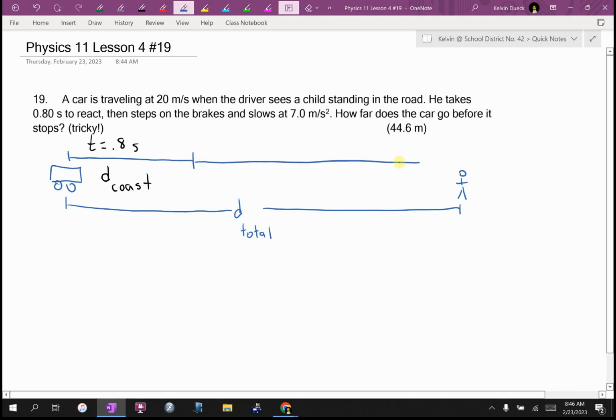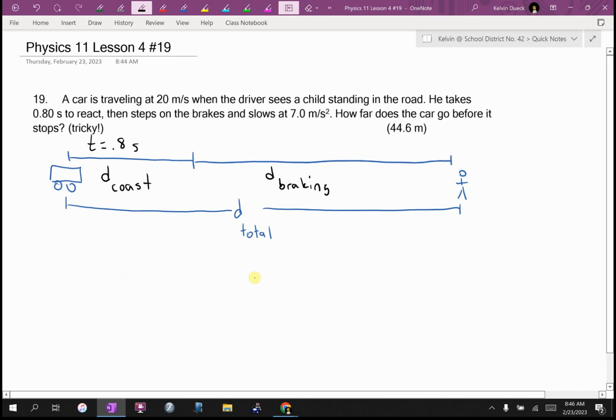Then this is going to be the distance while braking, which I'll abbreviate dB. And I'll abbreviate this dt for total.